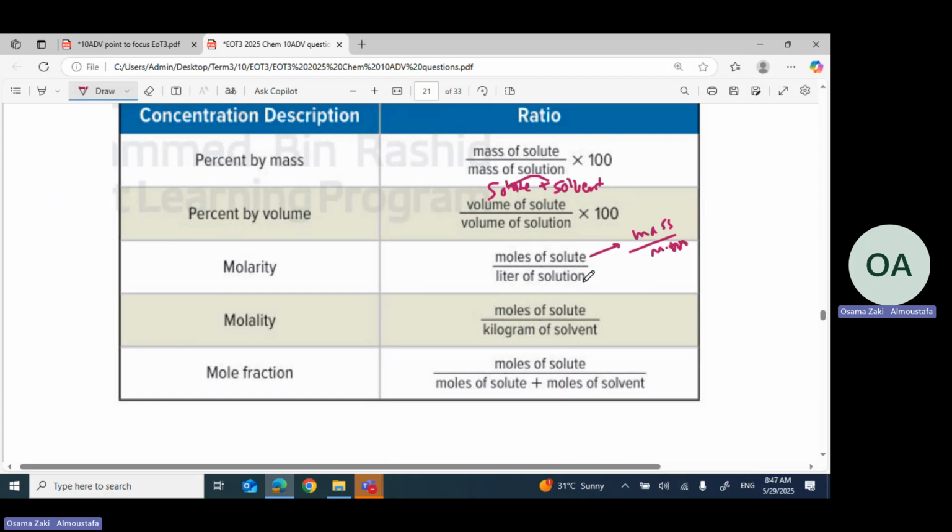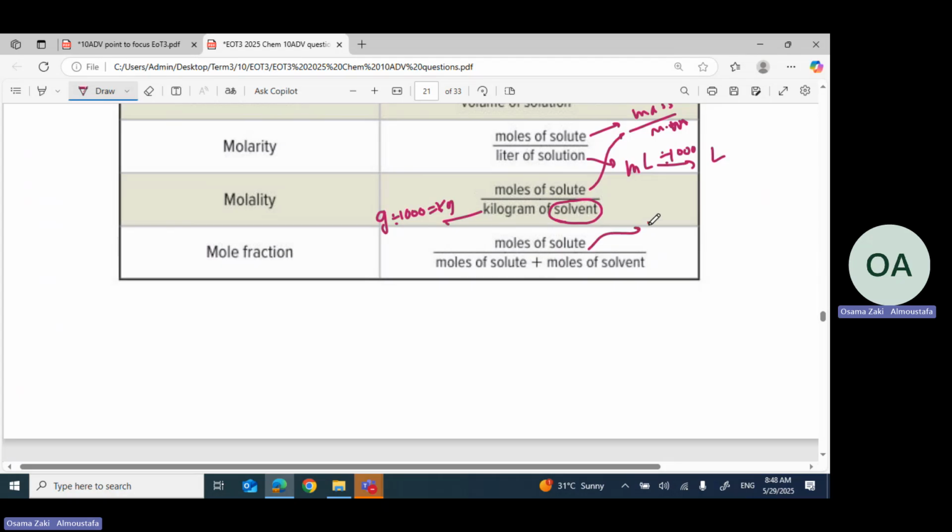Let's say the volume is not given in liters but in milliliters; just divide by 1,000 to get it in liters. Here, moles of solute over kilograms of solvent, not solution. If it's given in grams, just divide by 1,000 to get kilograms. Mole, the same: mass over molar mass.